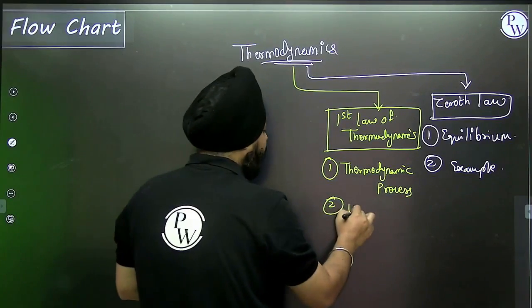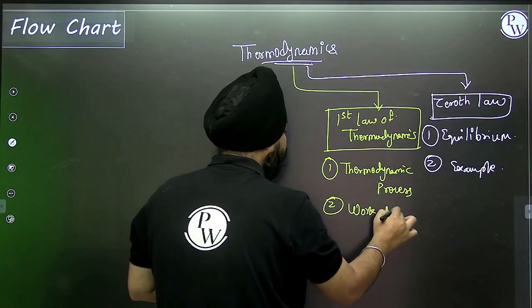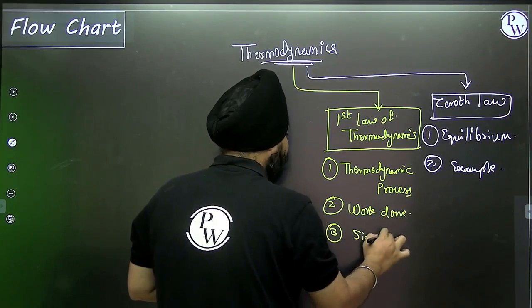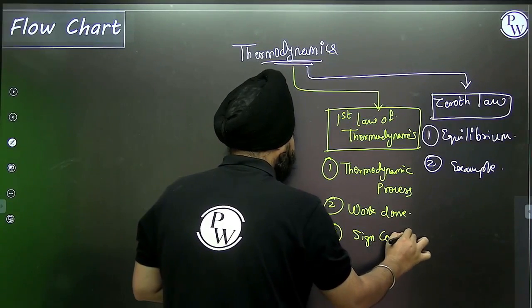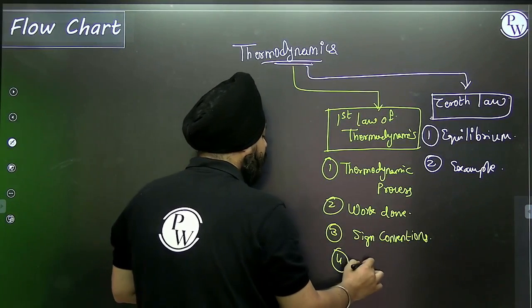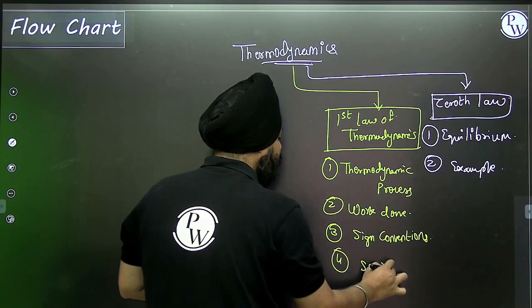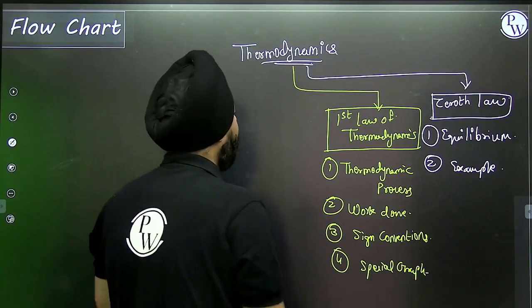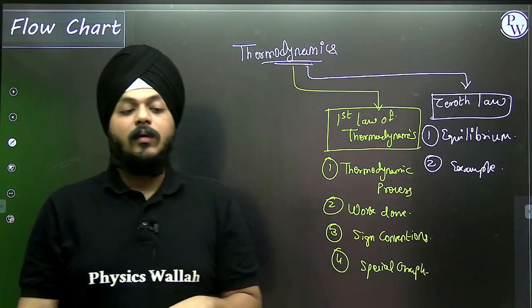Work done for all thermodynamic processes, sign conventions of it, and with the relevant sign conventions, we have the special graphs. So this is all on the part of the first law of thermodynamics.